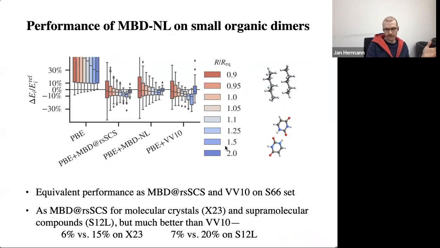So when you try this on simple covalent molecules, you get essentially exactly the same performance as with the original many-body dispersion method, which is exactly what we wanted, because that accuracy is already sort of on the limit of what you can probably get with density functional theory anyway.